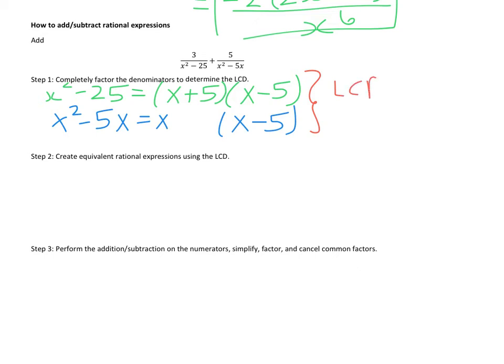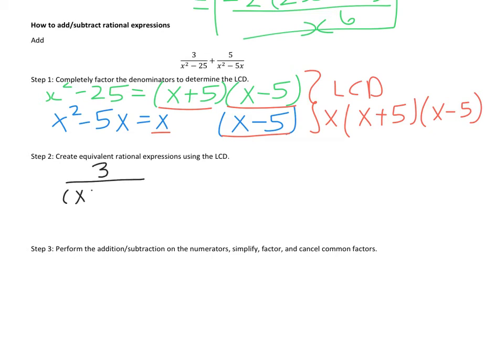So the LCD needs a factor of x. It needs a factor of x plus 5. And now x minus 5 happens once in each denominator, so we just need it once. And there's your LCD.